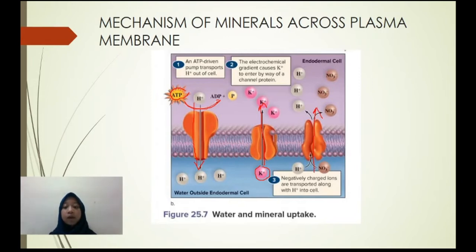So when the negatively charged ion is transported into the cell, the hydrogen ion also will move down its concentration gradient and move into the cell. The hydrogen ion does not require any energy.